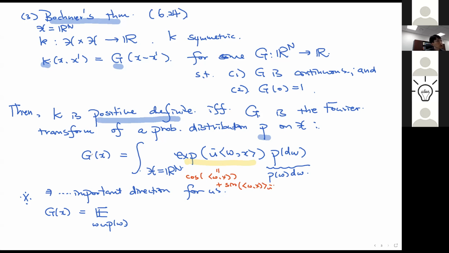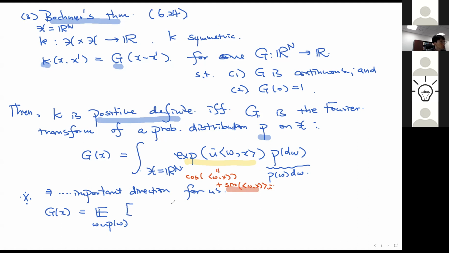But because g is a real valued function, if K is positive definite, this theorem implies that the integral of the second term has to be 0. So what this tells us is that g will have the following form.